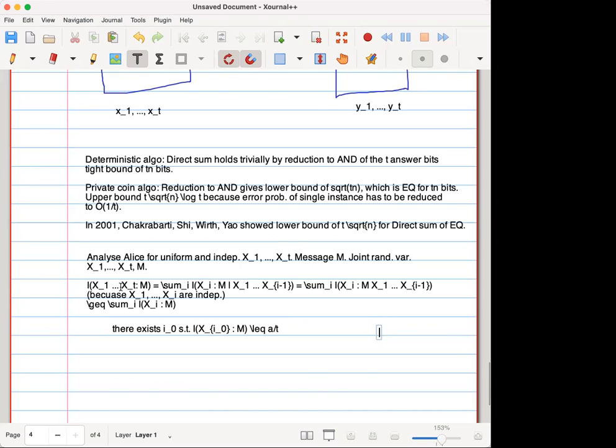If you put in independent random variables here, you get this inequality. So no matter what Alice does, there is some index i naught about which her message is revealing very little information. So what is this saying? Let us understand the import of this.